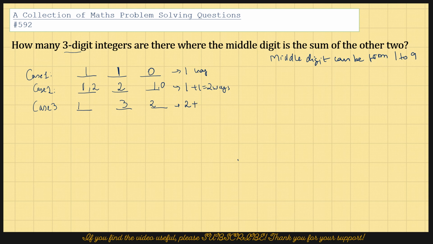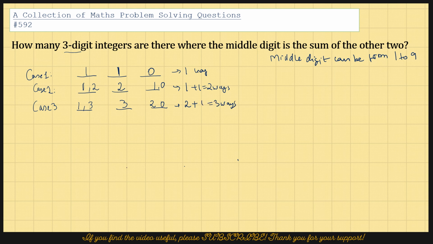Starting with 2 would again give a 1, which we've already considered, so no point doing it again. The other one is a 3 and a 0, and you can't swap the places. So 2 plus 1, that is 3 ways.